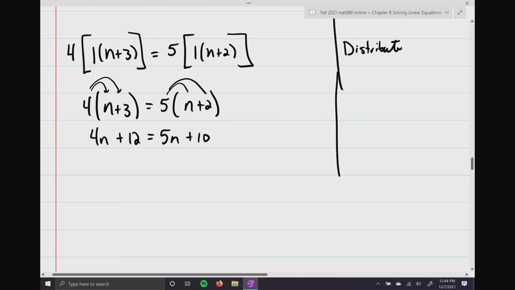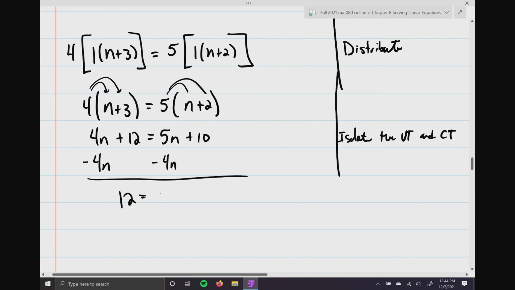Well, I don't have to do that here. Step 4, we're going to isolate the variable terms and constant terms. So I will move the 4n from the left to the right. That gives me 12 equals n plus 10. And then I will subtract 10 from both sides to give me 2 equals n.